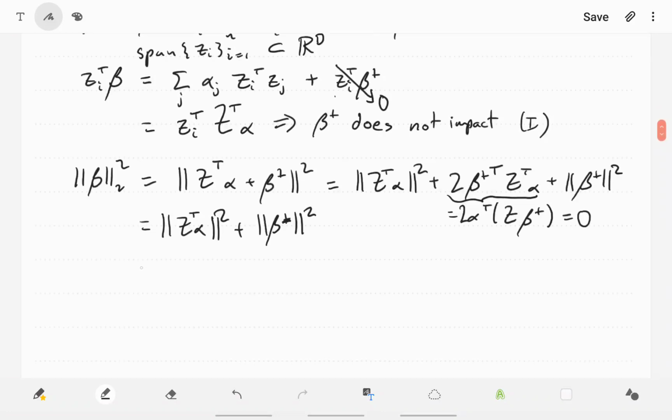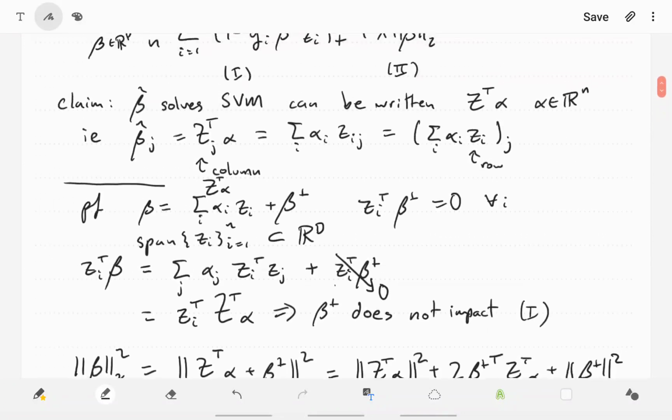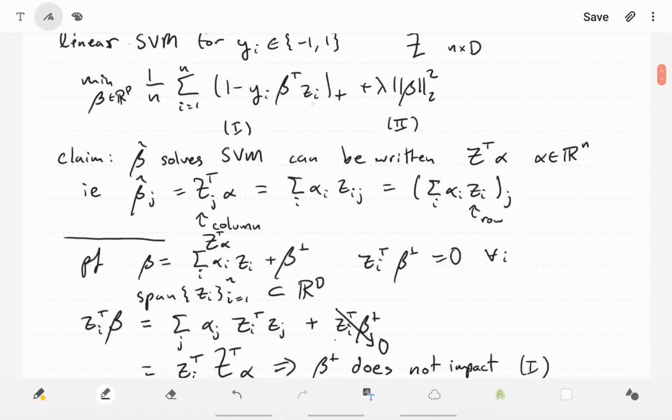And so this implies that beta orthogonal at the minimizer is equal to 0. Let's look at what the objective now becomes. We have one component, the first, which has no dependence on beta orthogonal.